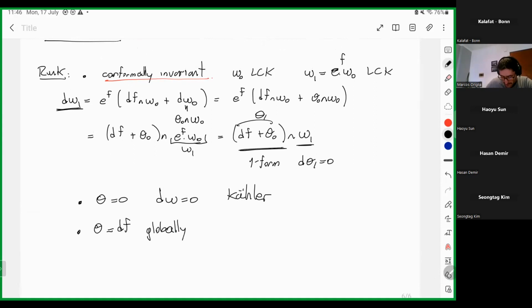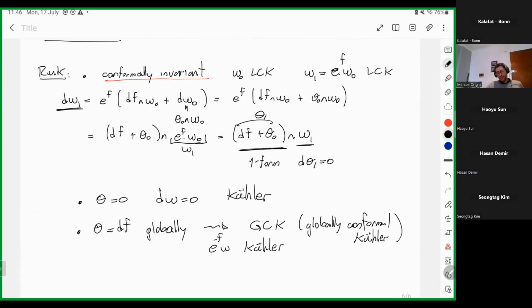This is called globally conformally Kähler. What that means is that your original omega was not Kähler, but if you change it by this exponential of minus f, where f is theta, then this is Kähler.